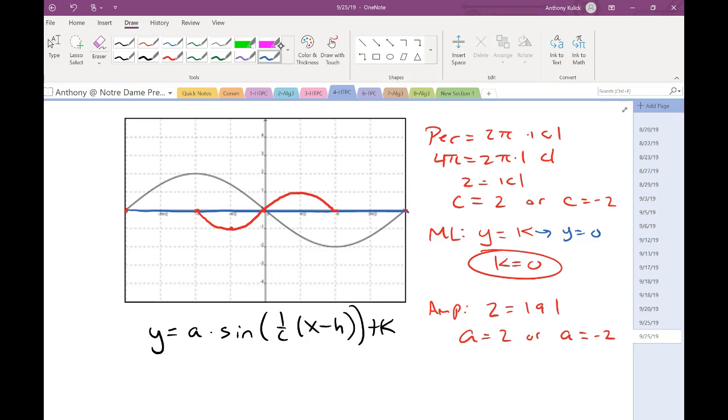Just don't pick both. In general, I usually pick positive C's and negative A's. It's kind of the industry standard, although I wouldn't mark it wrong if you did the reverse. Still correct. If they're both negative, it would be the same thing as no reflection at all.